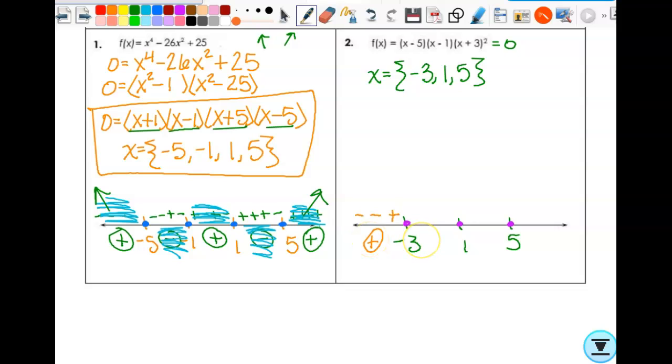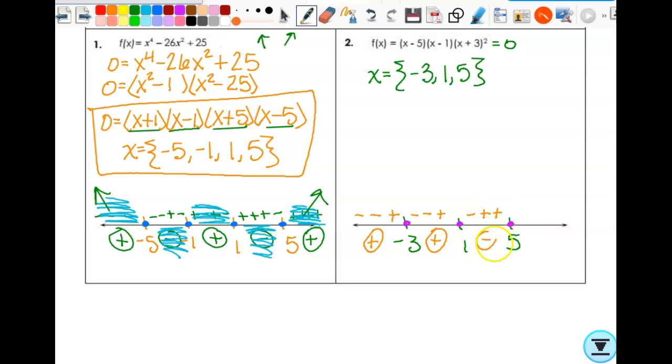Between -3 and 1, I can pick 0. So that would be negative, negative, and then positive again, which makes it positive overall. So if you were thinking on the first one, oh, well, they just alternate, so why do we have to do more? Because they don't all just alternate. That's why. Between 1 and 5, I can pick 2. 2 minus 5 is negative, and then positive, and then positive.